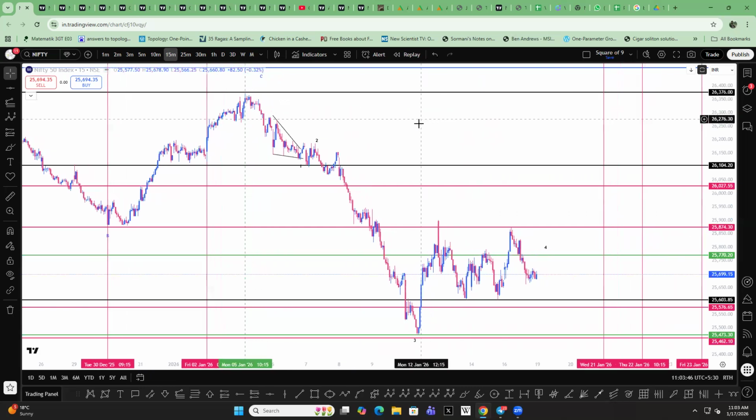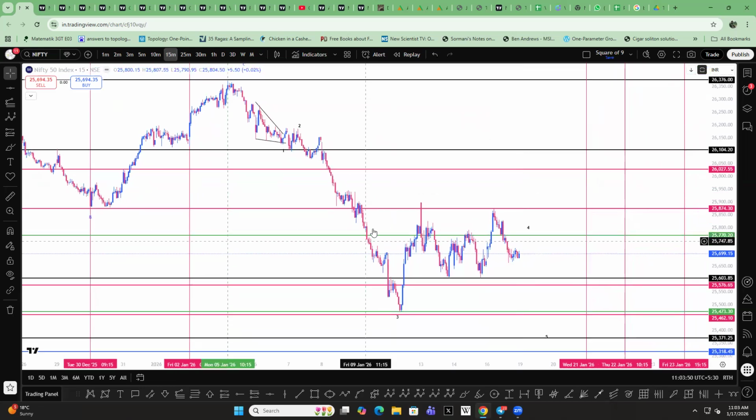Now there are two probabilities here, and after discussing those probabilities, you can easily understand what your approach in the markets should be if you are looking to trade Nifty.